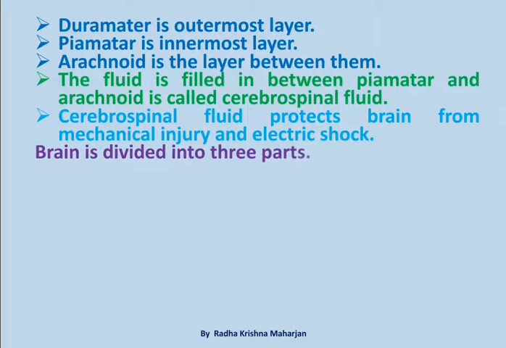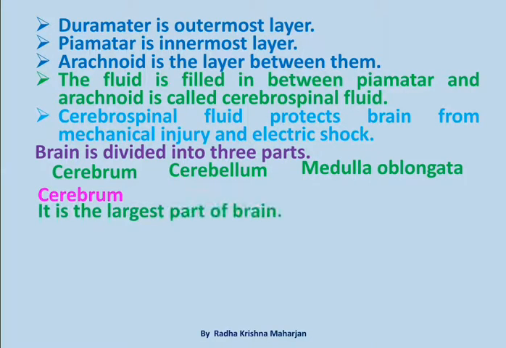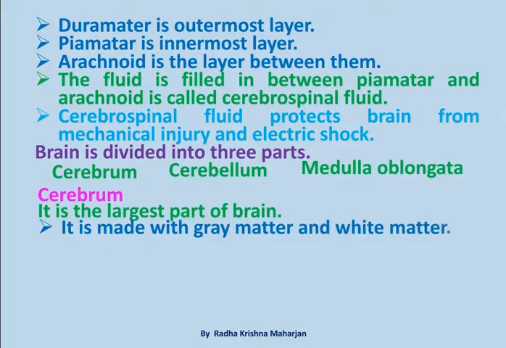Brain is divided into three parts: cerebrum, cerebellum, medulla oblongata. Cerebrum. It is the largest part of brain. It is made with gray matter and white matter.